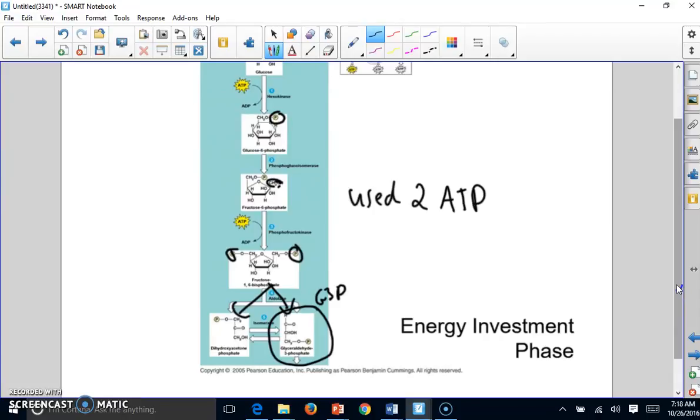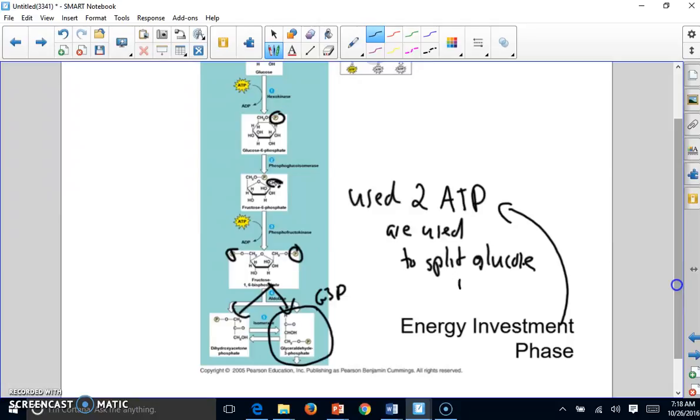This is the energy investment phase of glycolysis. Essentially, in the energy investment phase, 2 ATP are used to split glucose in half. When we split it in half, in this case, it's called G3P.